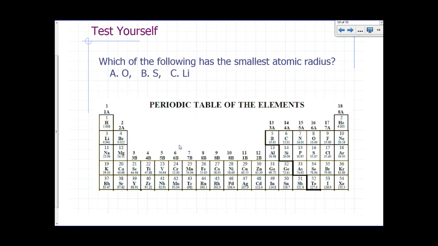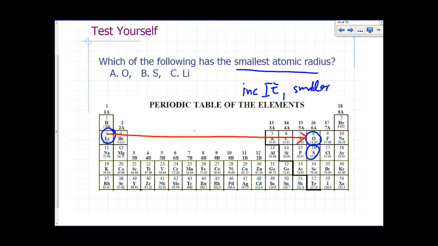Let's look at this one. Which of the following has the smallest atomic radius? Remember, you can see the trend: increasing ionization energy, smaller size. So let's compare oxygen, sulfur, and lithium. Going left to right, you're looking at decreasing size.